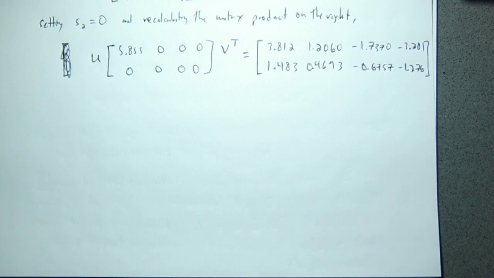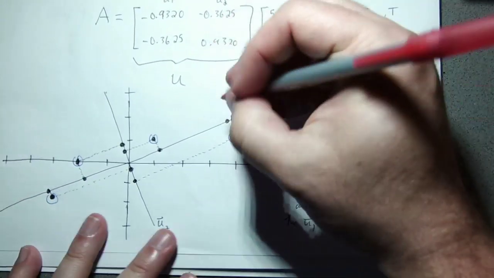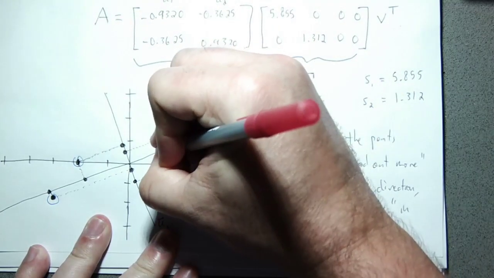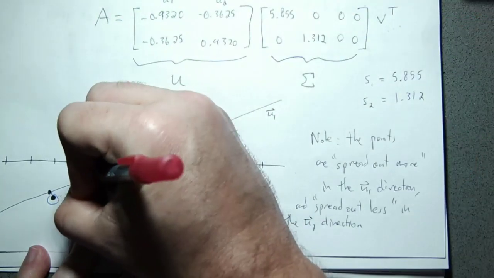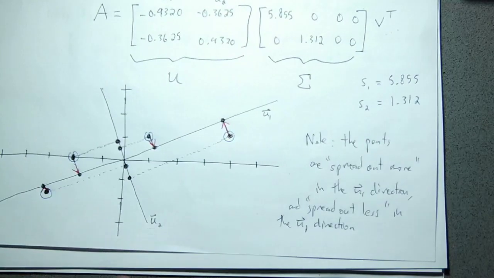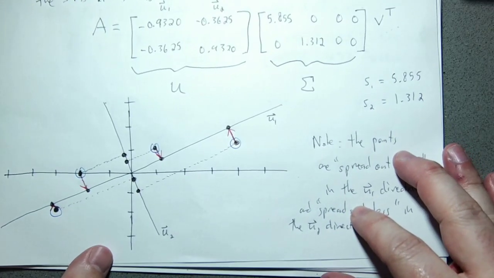What I get is the projection of these points onto U sub 1.